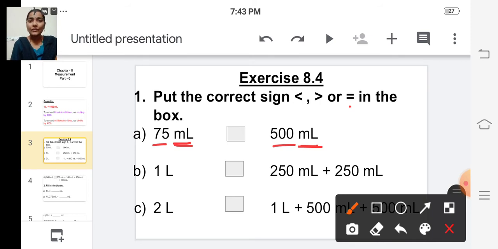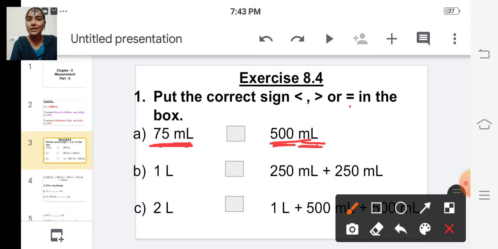Okay, children. So in the first problem, here also milliliter and here also milliliter. So both the units are same. So we can directly compare. Here 75 milliliter and here 500 milliliter. Which one is big, 75 or 500? So 500 is greater than 75, right?